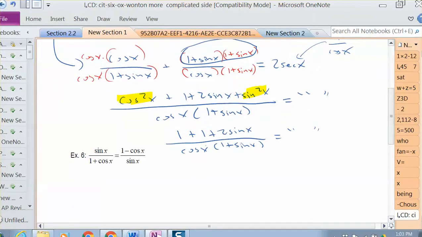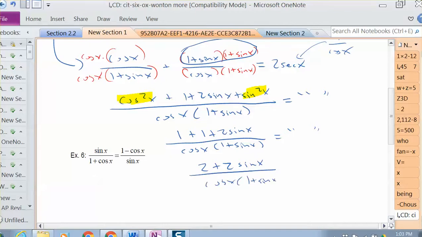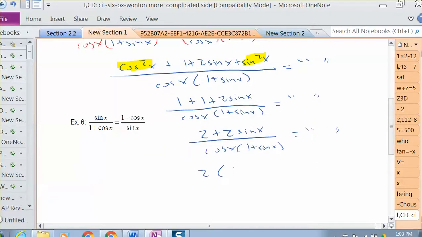Now, 1 plus 1 is 2, right? And you can factor out 2 from the top. It's kind of like magic. The 1 plus sine x will now cancel because they're both being multiplied to other expressions. And you get 2 over cos x, which is really just 2 secant x.